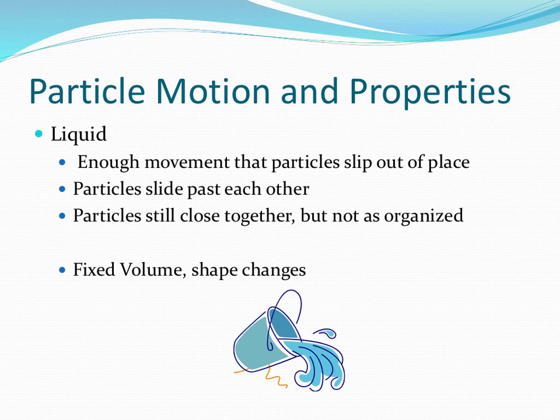Now when we talk about a liquid, there's enough movement in those particles for them to slip out of place and slide past each other. Here we're at a slightly higher temperature, and that temperature depends on the substance. Some substances have a very strong attraction between particles. Metals, for example: you have to get a metal really hot to get it into a liquid state.